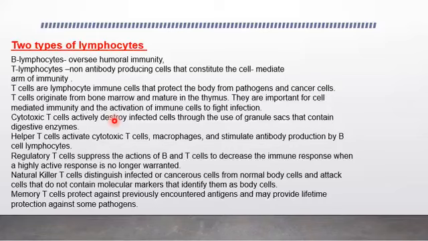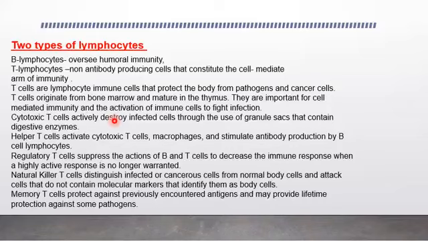T cells are lymphocyte immune cells that protect the body from pathogens and cancer cells, and T cells originate from bone marrow and mature in the thymus. They are important for cell-mediated immunity and the activation of immune cells to fight infections.